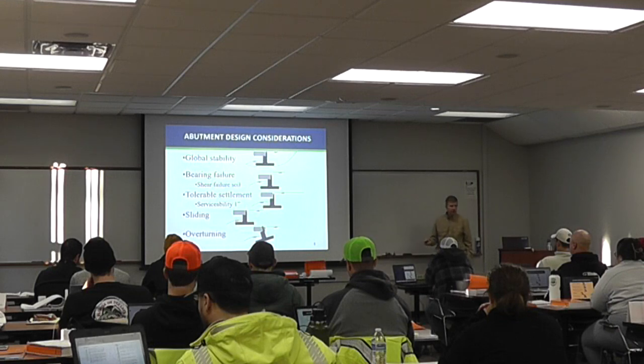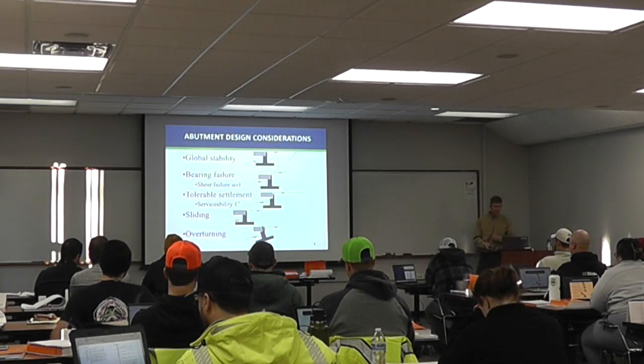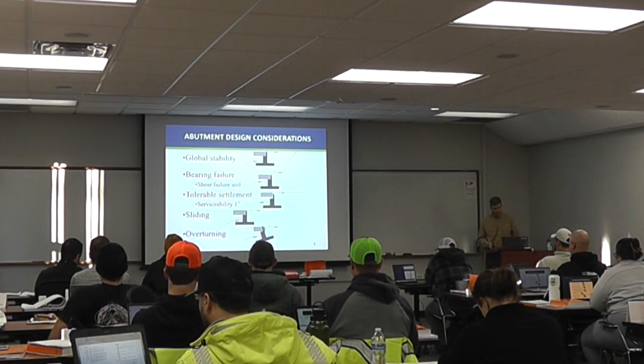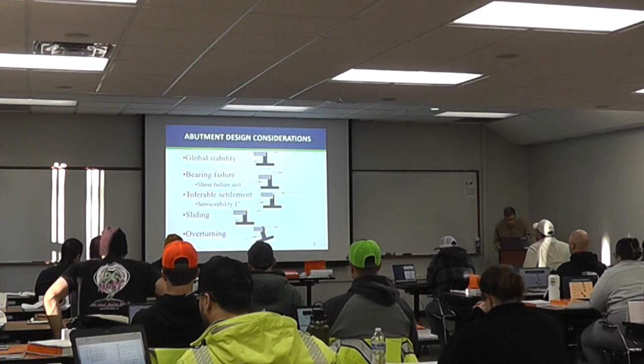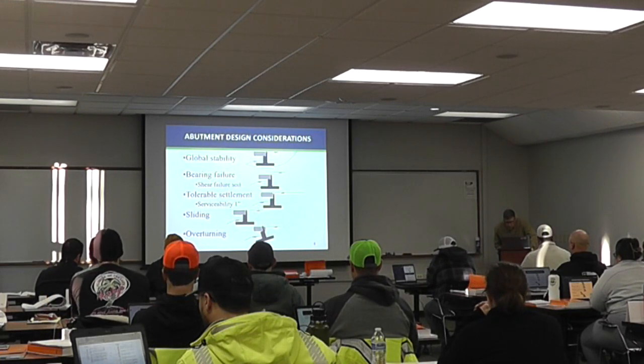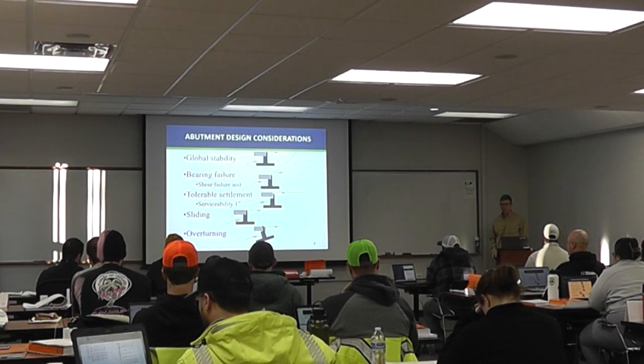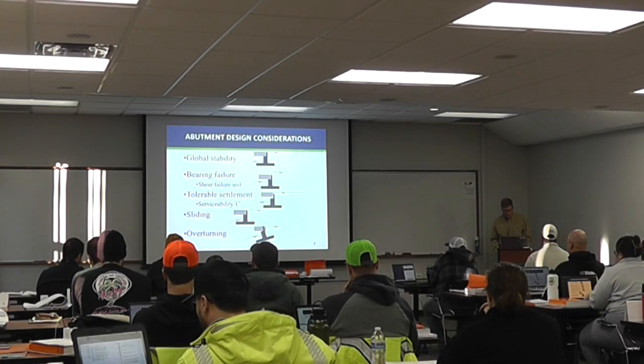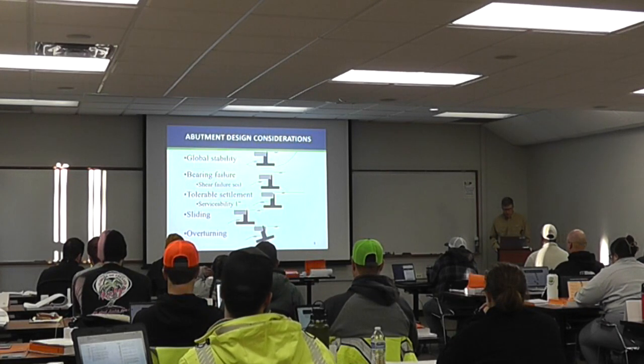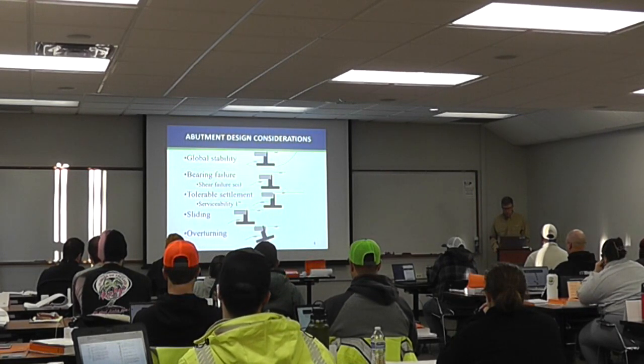So those are some of the things that in design we are looking for. The soil has capacities that range typically from 2 to 20 tons per square foot. Tolerable settlement is 1 inch, so that is what we want to keep.